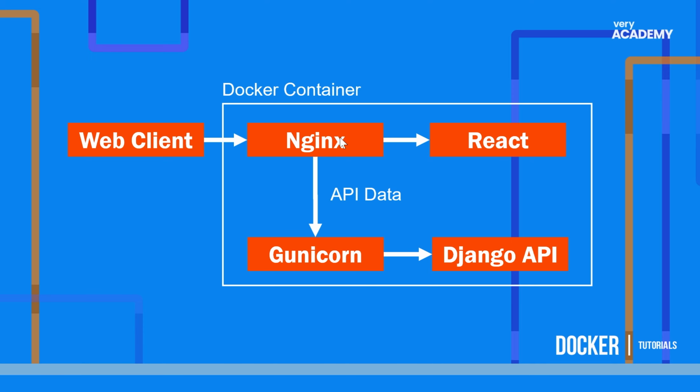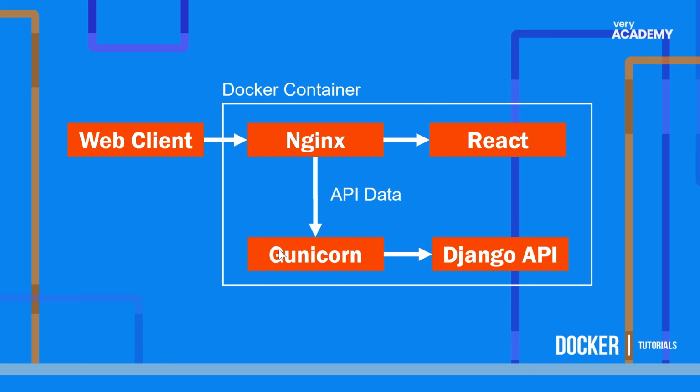So Nginx can't necessarily work with Django directly. So Gunicorn was developed to do exactly that. So the reason why we use Gunicorn here, essentially, to break this down, is because it can work with Django to fulfill all the required steps in order to retrieve data and then to prepare it and get it ready to then send back to the web client.